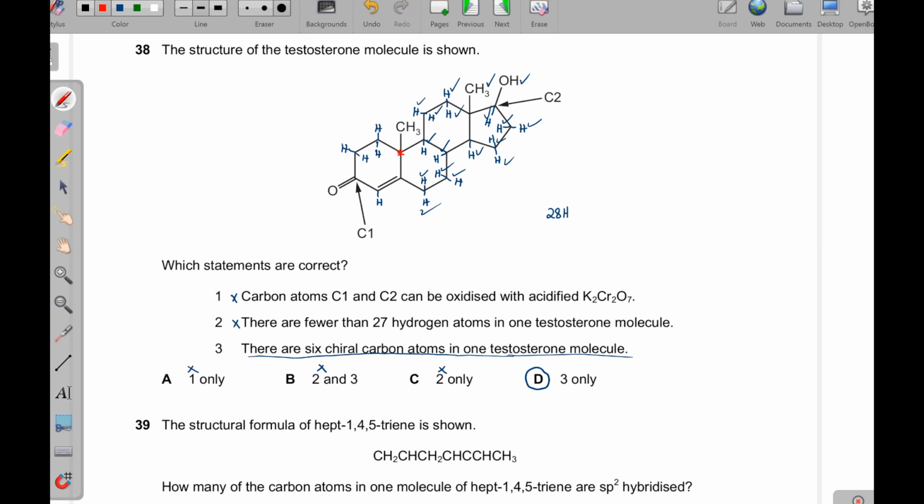Okay, where else do we see a chirocenter? There is a chirocenter here because this group is different from what is going this way, and also the hydrogen. You see that? Just like this part here is different from what is going this way, and also the methyl. Okay, then next, so those are 2.